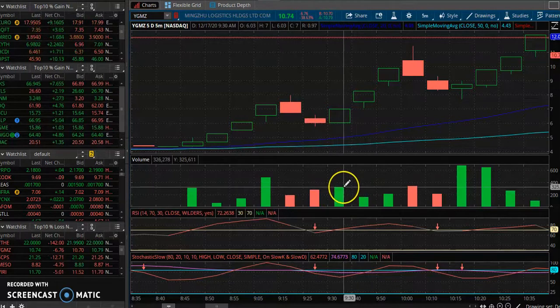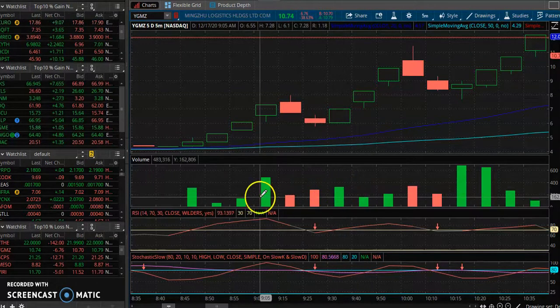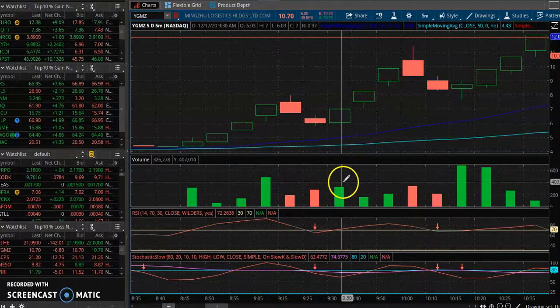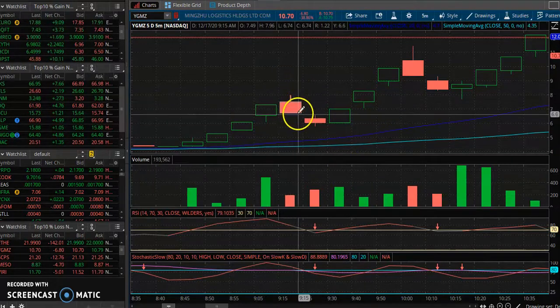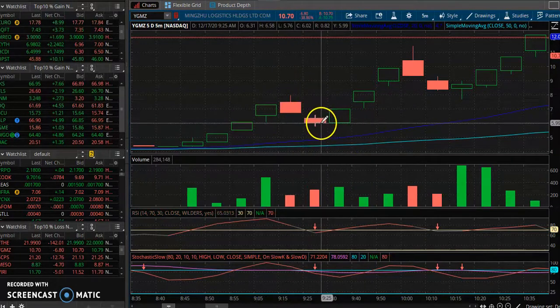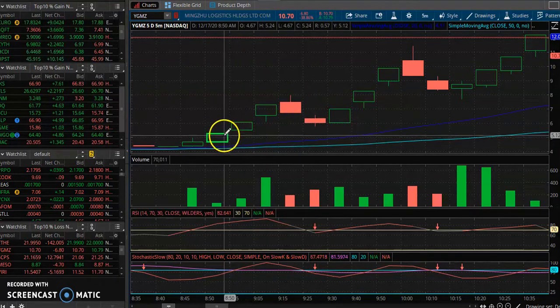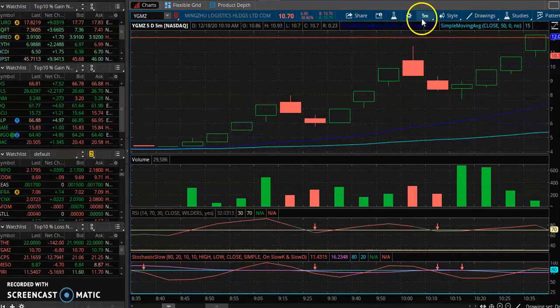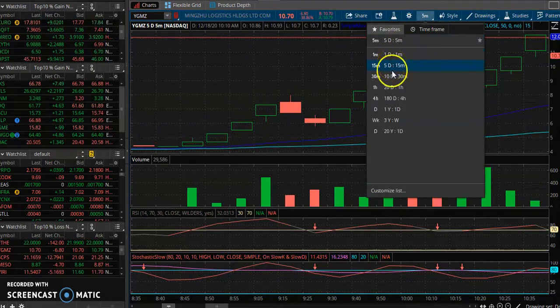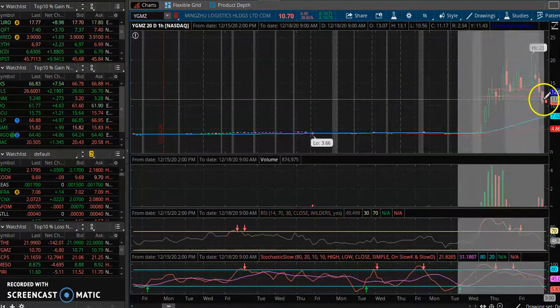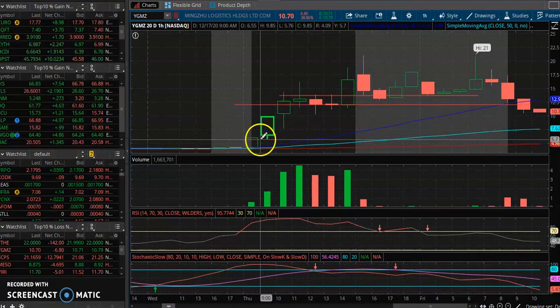This volume stays around 200,000 to 600,000 shares. So it unhalted. You want to get in on these gap downs, okay? You want to get in on pullbacks, or when the stock hasn't run as much as you think it should have, okay? So it's a better example.